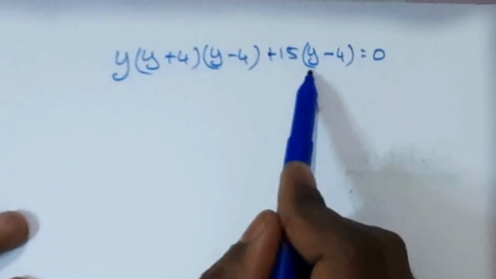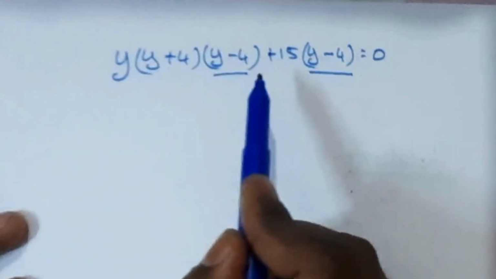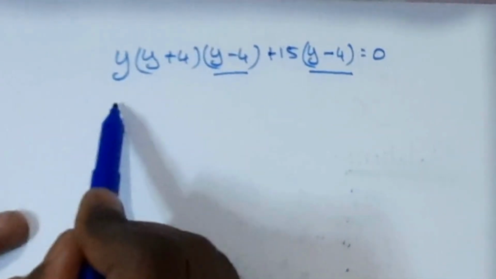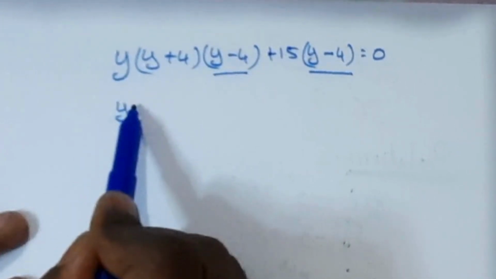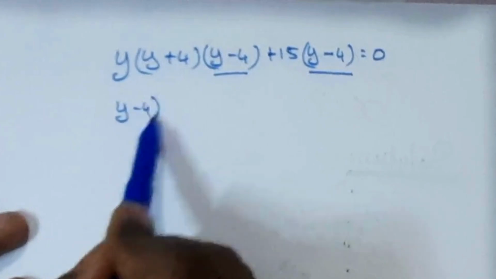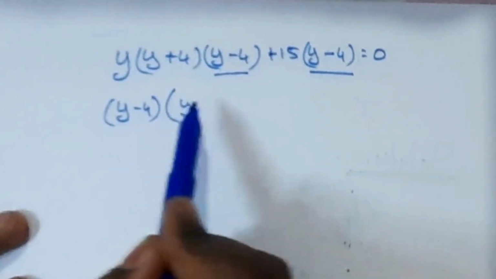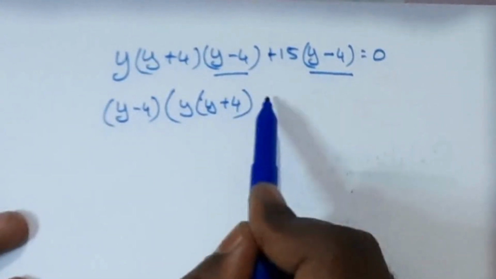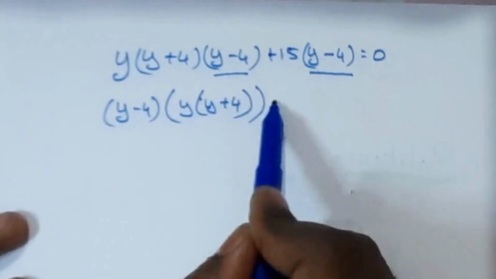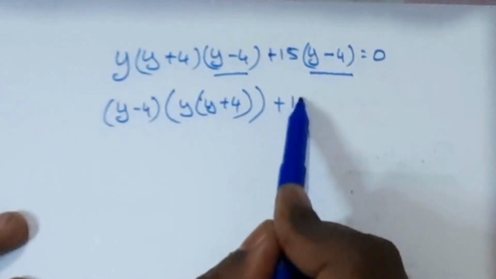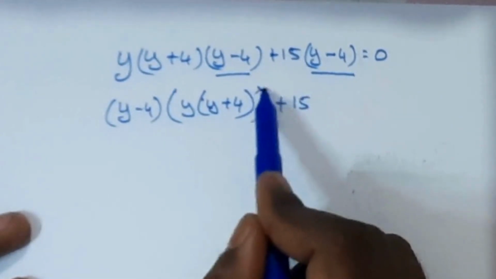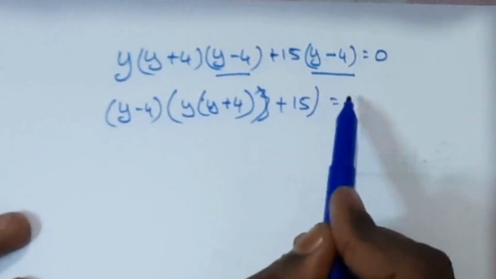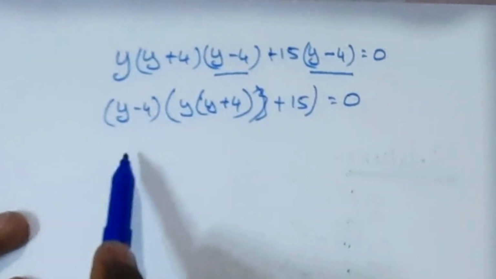You see this y minus 4, we are going to take common. So (y minus 4)(y(y plus 4) plus 15) equal to 0. So we have two equations here.